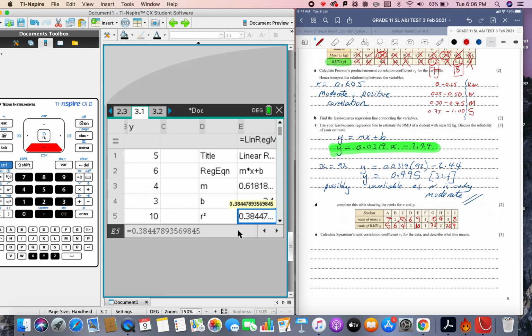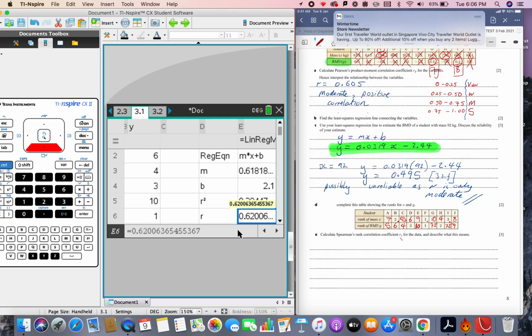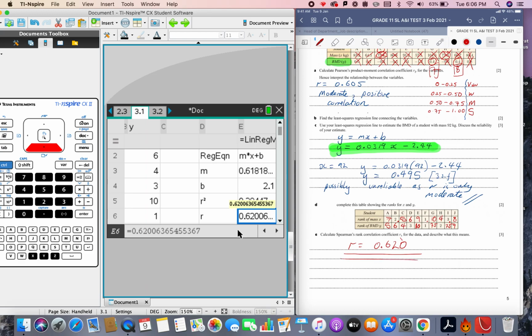Let's see what's happened to the R value. So the R value here is 0.620. So R here is 0.620. So previously, I'm going to put R of S for Spearman's, and R of P for Pearson's, 0.605.